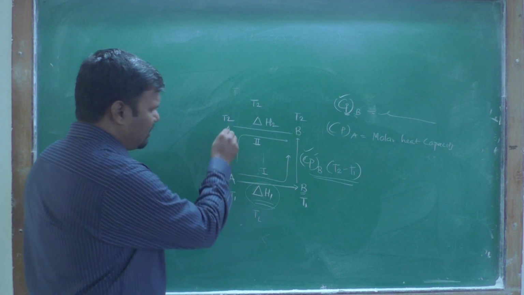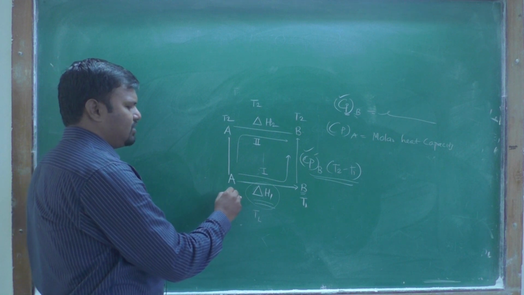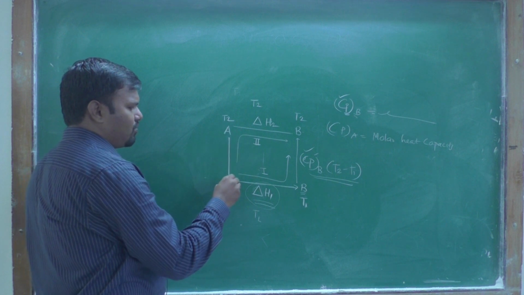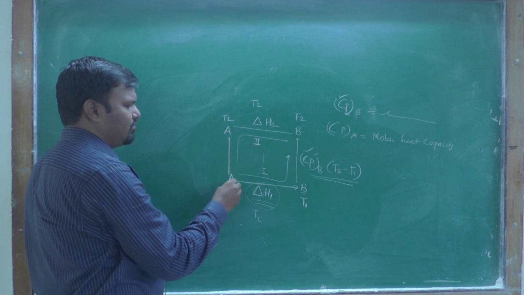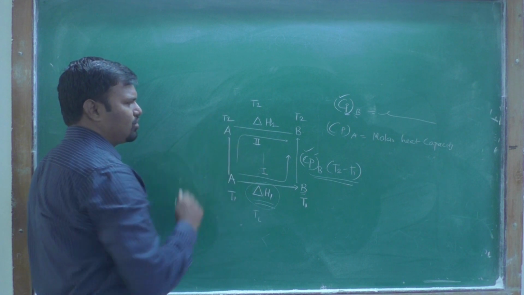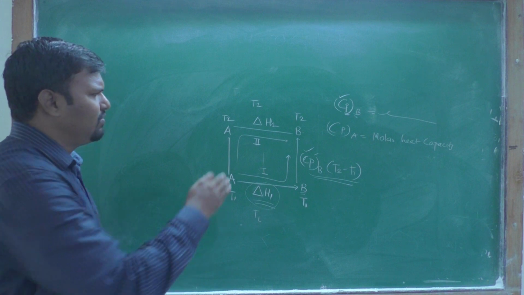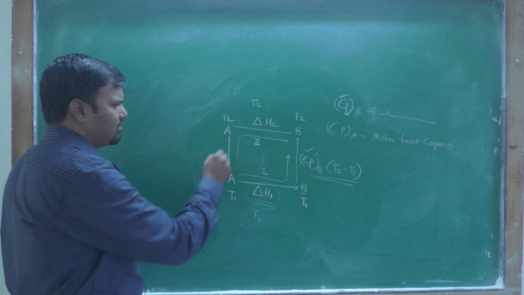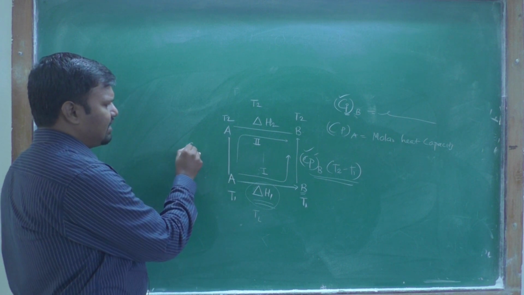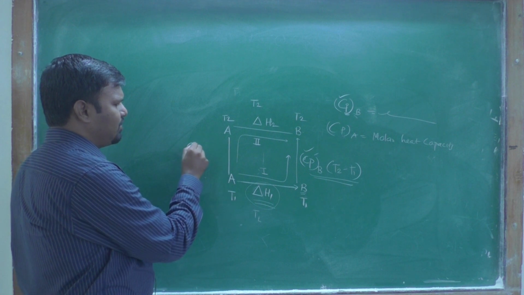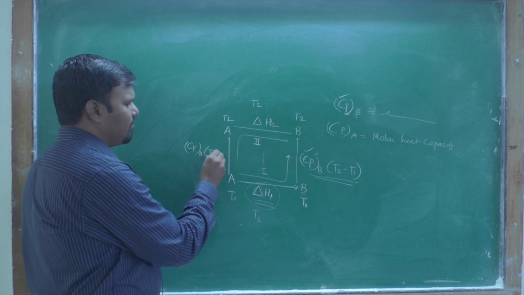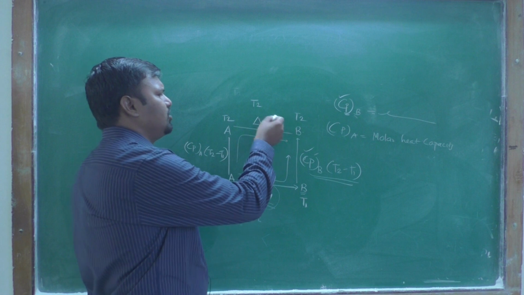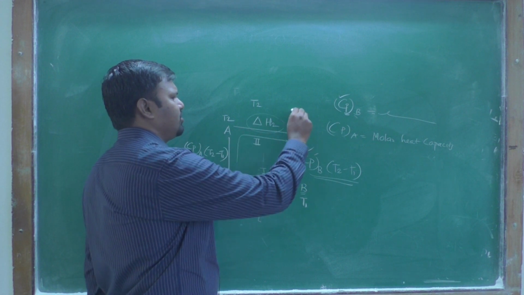Now, during the second path, the temperature was at T1. We heated the reactant A to the temperature T2, and the heat absorbed by the reactant is given by Cpa times T2 minus T1. Then heat is evolved, but no change in temperature takes place.